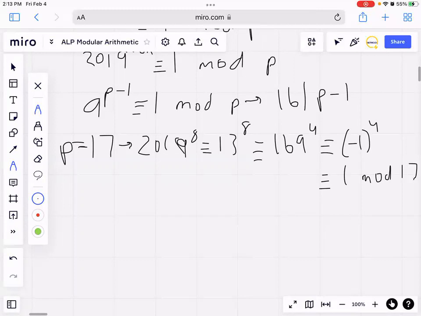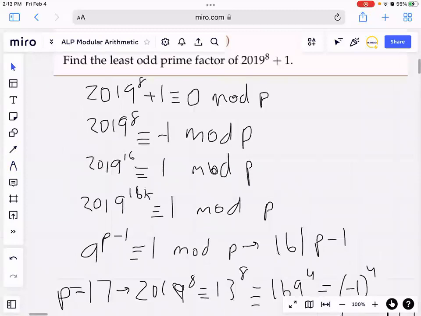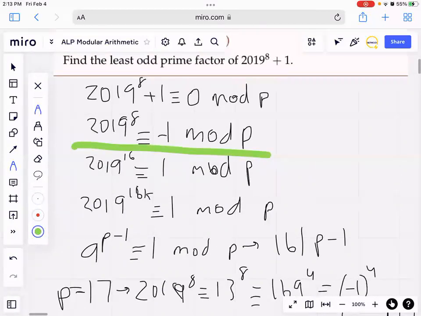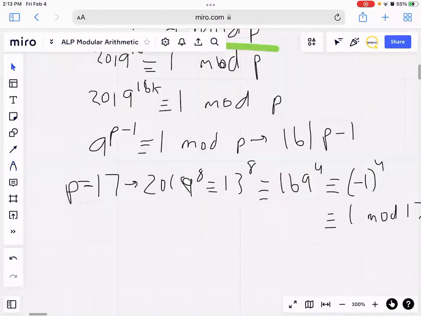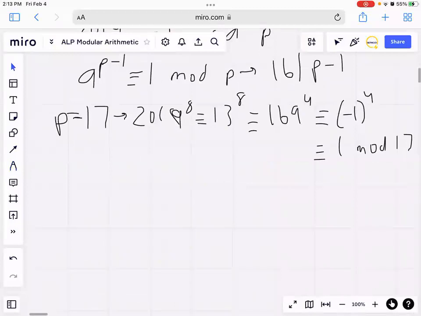So this does not work, because we want a prime such that 2019 to the power 8 is congruent to -1 mod p, but for 17 it's congruent to 1. So let's keep going with p that are 1 greater than a multiple of 16.